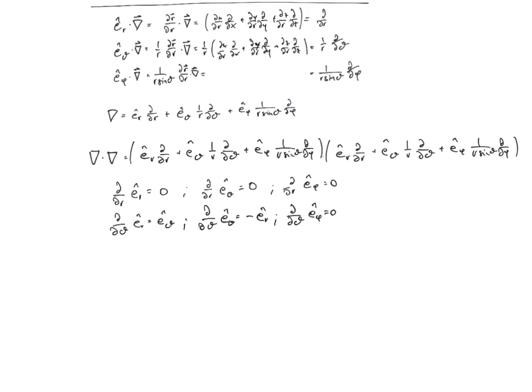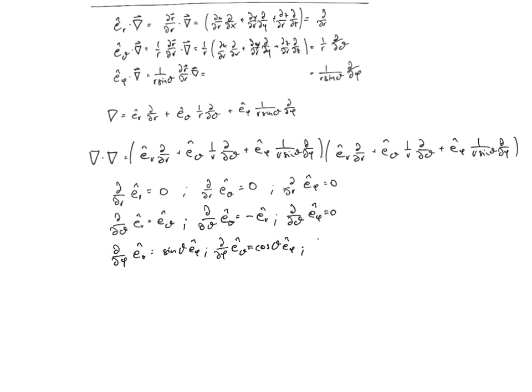Okay, good. So we get d/dphi of e_r hat, and that gives us a sine theta e_phi hat. And then we have d/dphi of e_theta hat giving us the cosine theta times e_phi hat.